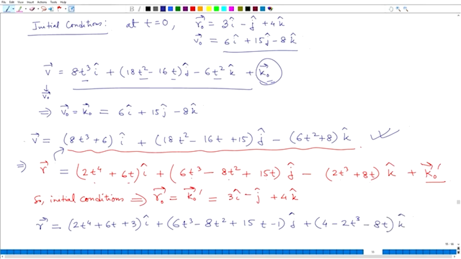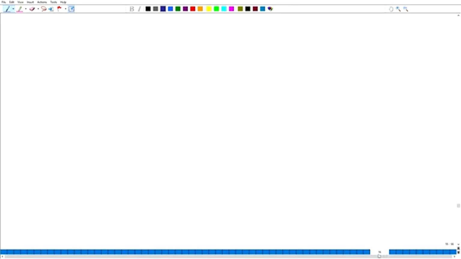Okay. You see, this is the final expression for the displacement vector. Now, once I know the displacement vector, I can immediately write the dr vector.